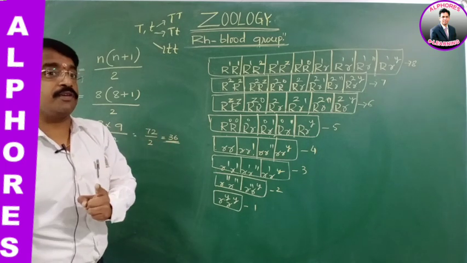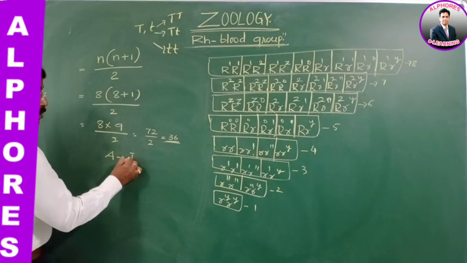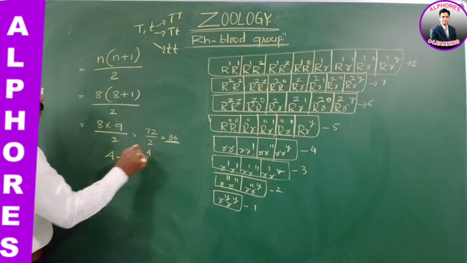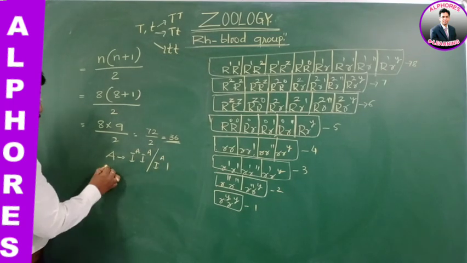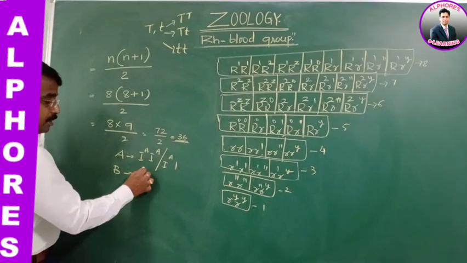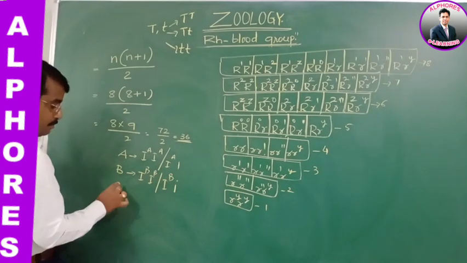So the genotypes, for A, recall your memory, IA IA, is it right? Or else IA IO. B, IB IB, and IB IO.